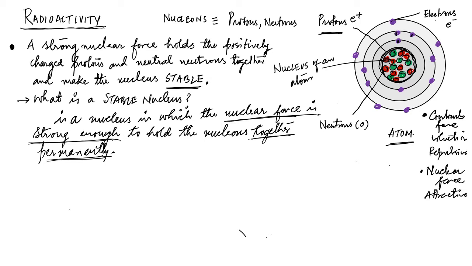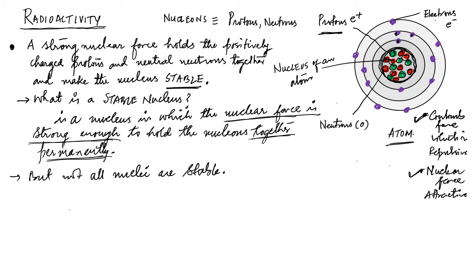If this force is strong enough to overcome the Coulomb force acting between the protons, then the nucleons of the system are held together permanently, and this is what we know as a stable nucleus. But not all nuclei are stable.